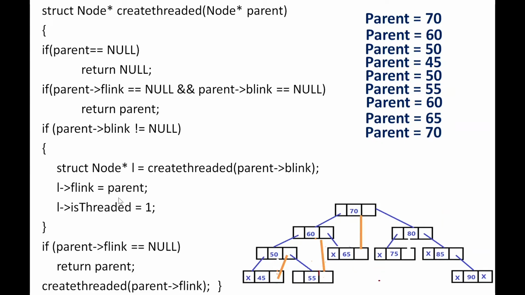So f link equal to parent; in other words, node 65 f link equal to 70.